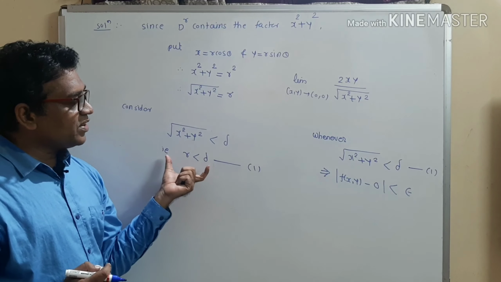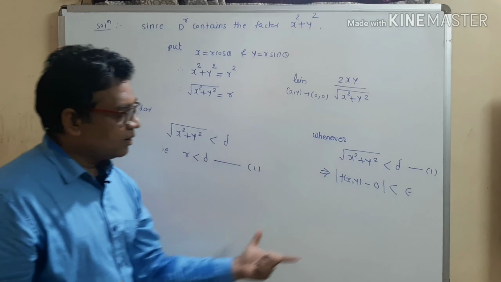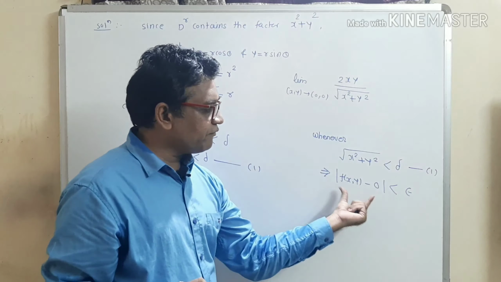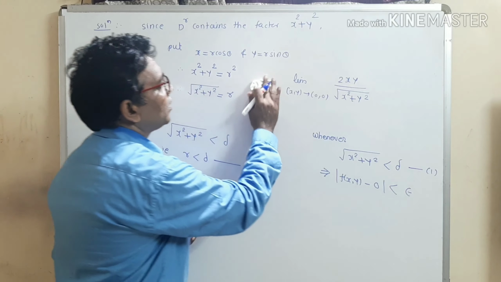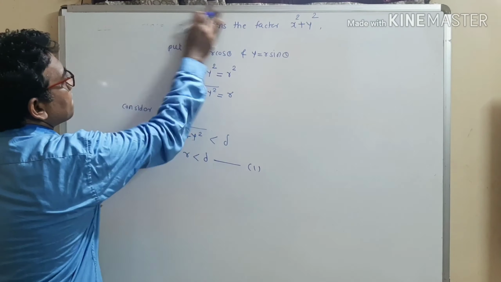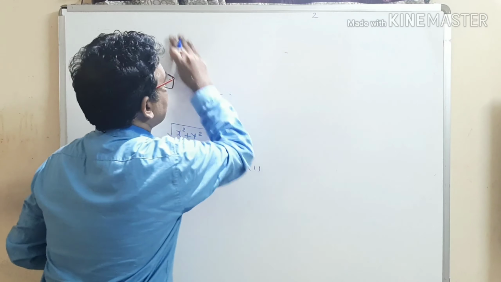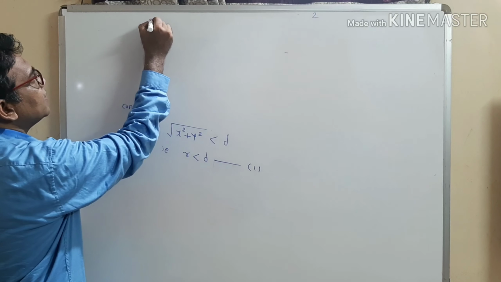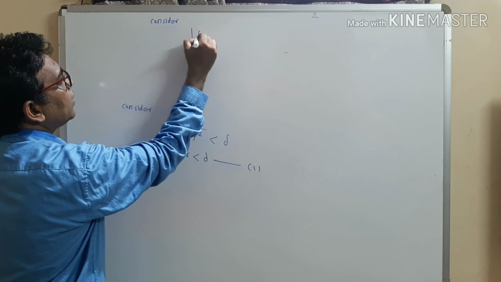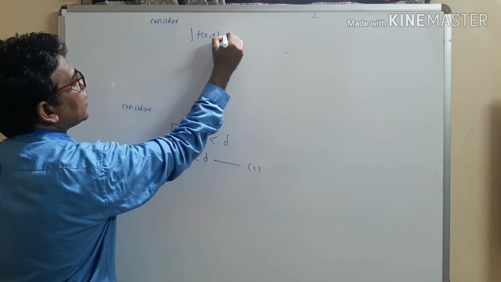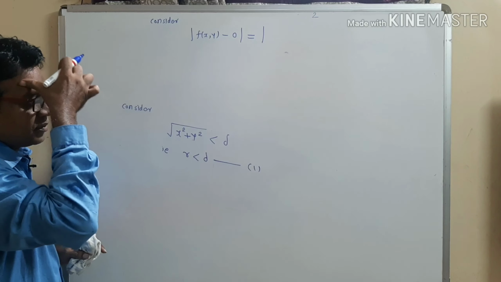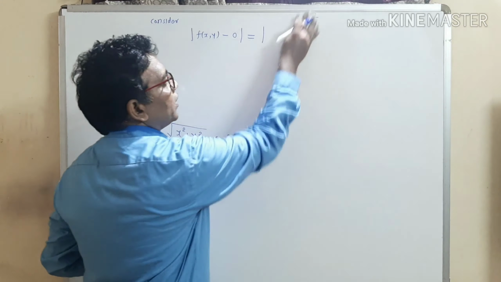Now use this equation and we want to show that the value of this modulus is less than epsilon. So just find out this modulus. So write down, consider, now find out this modulus, mod f(x,y) minus 0, this is equal to modulus. Now put the given function.